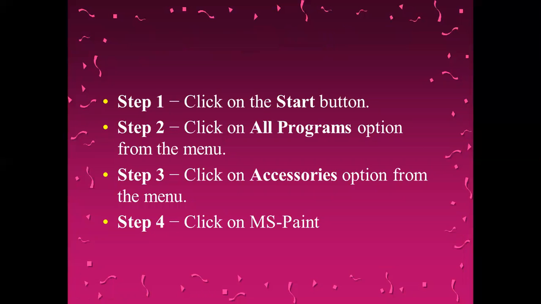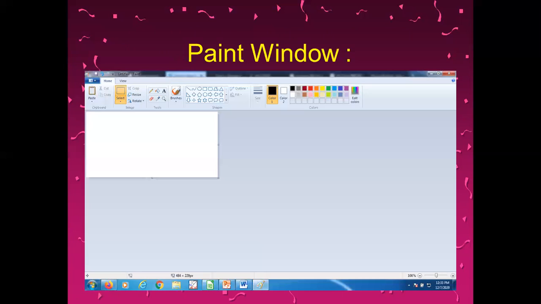So it is very easy. Okay. So the first way is Start button, All Programs, Accessories, and my MS Paint will be opened. Is it okay to everyone? I hope it is easy and you all will practice it at home.